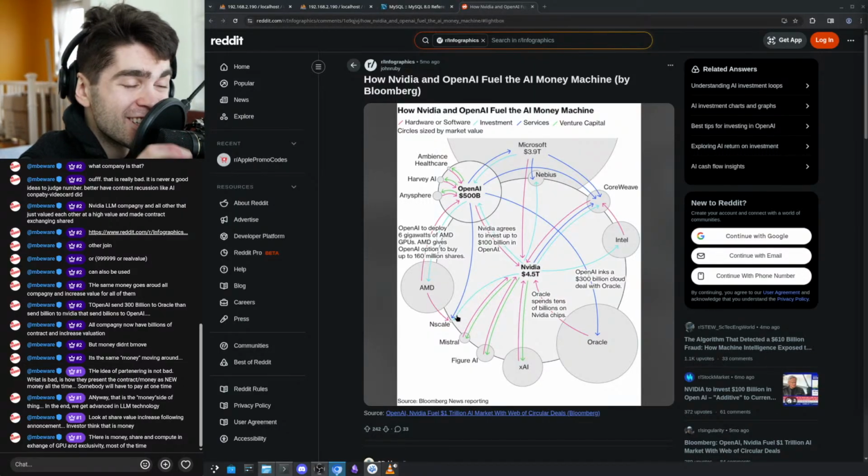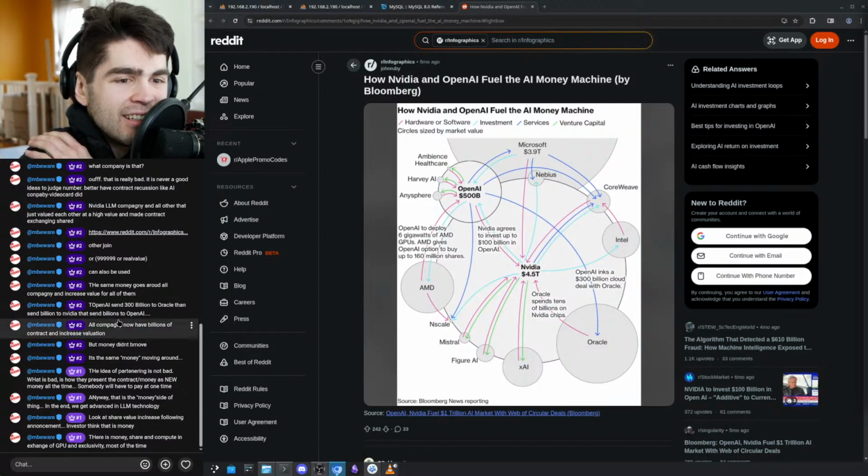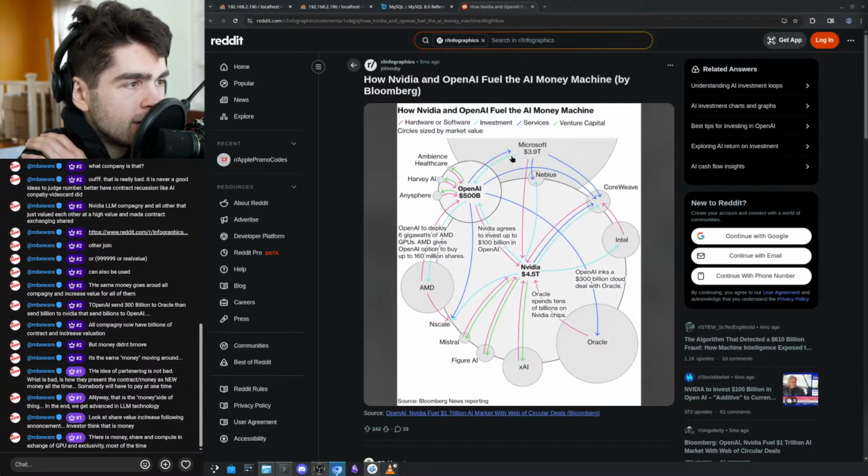You don't know what's on the table. I would say that these two are bad, and the rest of the market is being reasonable. From what I've heard, I don't see Nvidia or Microsoft representing this as money.